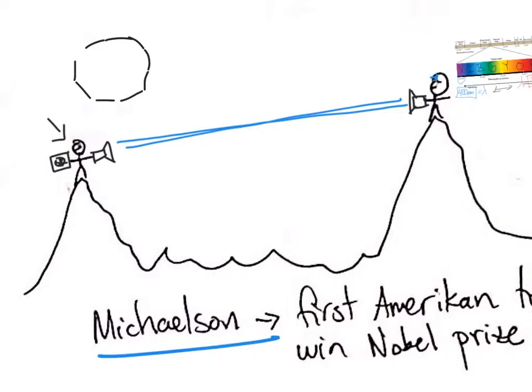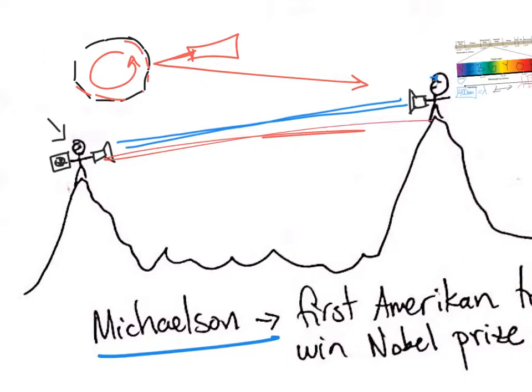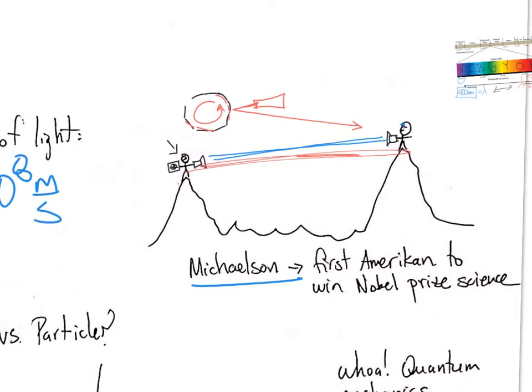So this would be a top view, and there's a laser, and the laser goes out here. And if this thing's rotating 1,000 times a second or something, then the light beam is broken up into these pulses, from which he was able to determine the speed of light.